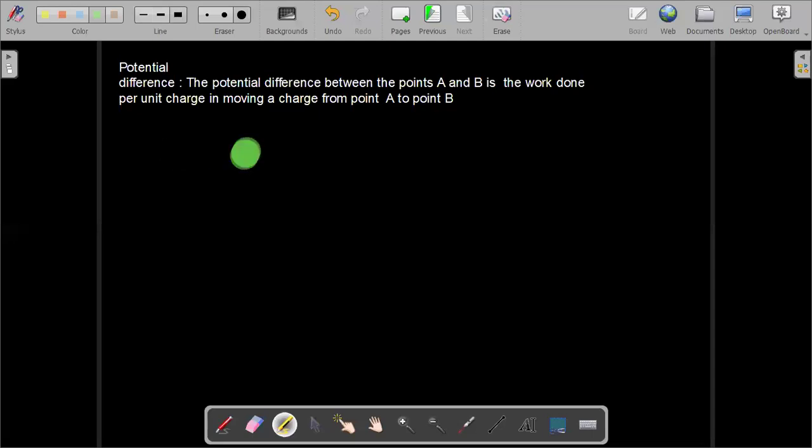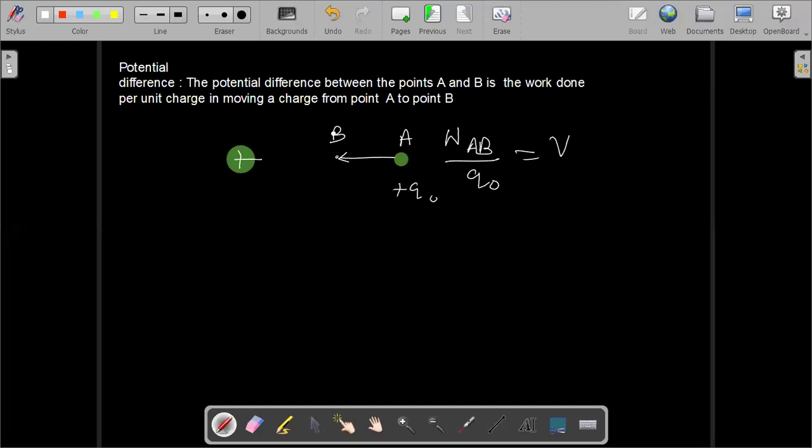The same thing if I draw here, like I have a positive charge plus Q, and a small charge over here which is again a positive charge, plus Q naught. If I'm moving this charge from this point A to another point B, the work done from A to B per unit charge is equal to the potential difference V between the points A and B. I also write it as VAB.